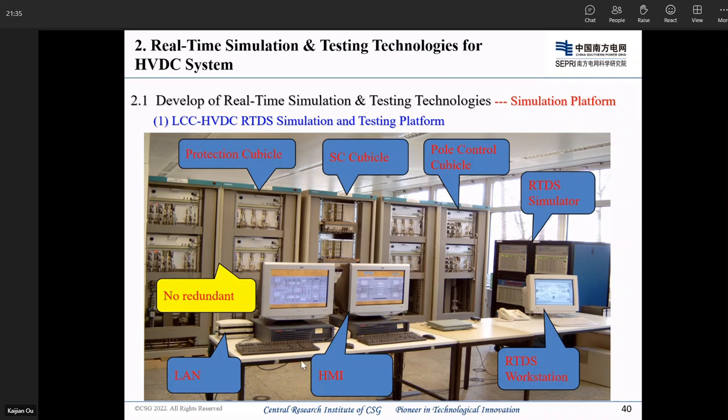The HMI is used to simulate the operation of the HVDC, and we also have a LAN to connect all the systems. Also, we have an RTDS workstation to set up the HVDC model, modify the model, and modify the parameters of the control and protection system.